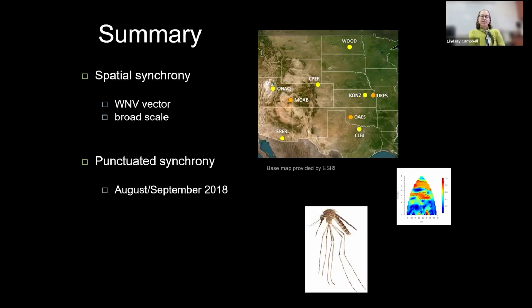Particularly for viruses like West Nile virus and some other systems that do occasionally show these really broad scale or macro scale patterns, starting to look at these across both different spatial scales and different time scales could be potentially useful for starting to disentangle some of this a little bit.